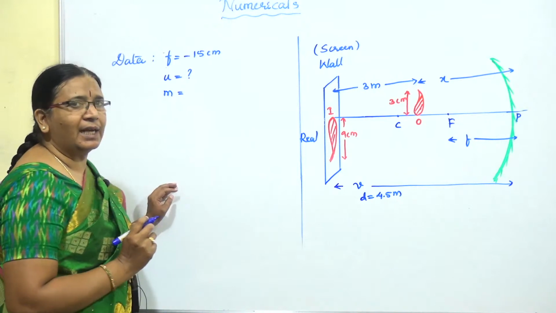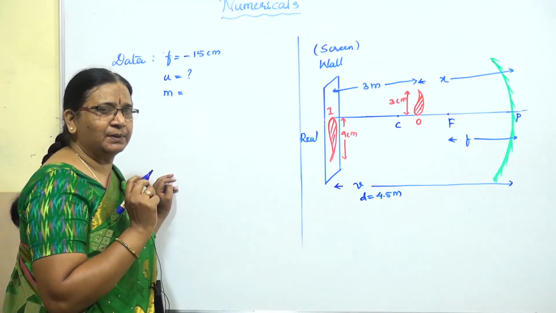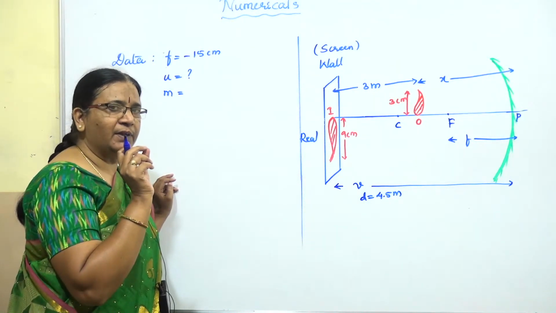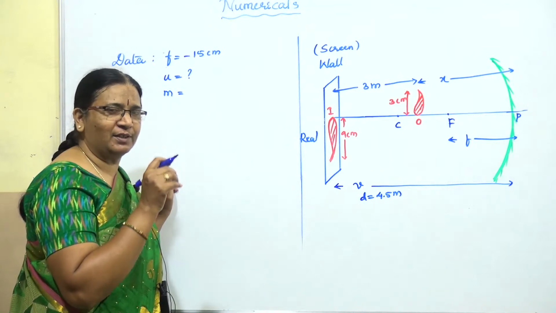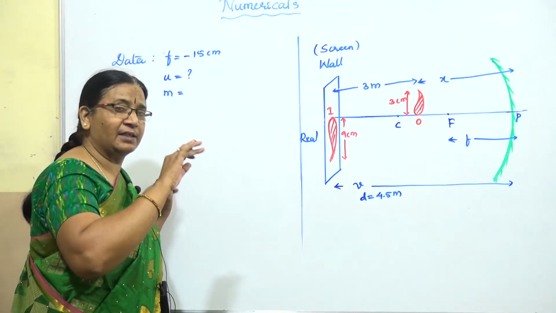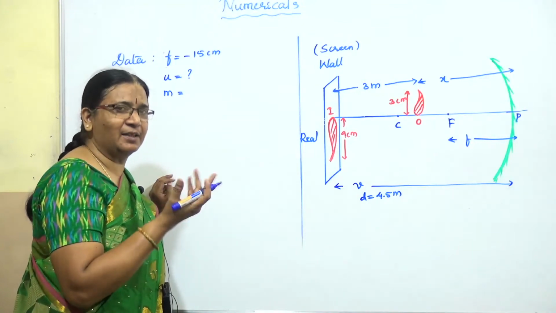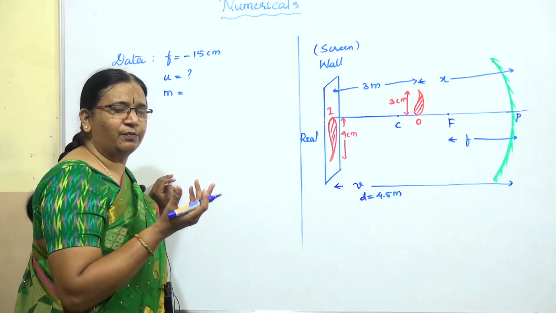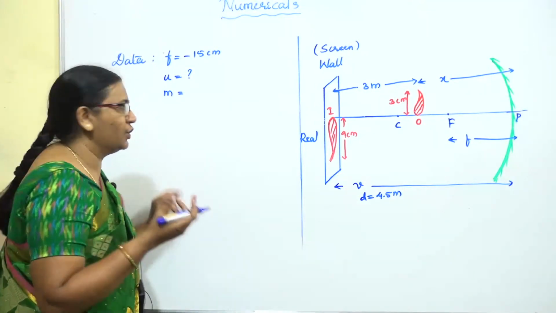And as I had told, a dentist will keep that tooth between the pole of the mirror and the principal focus. He will bring it very close so that he can see the image behind the mirror, meaning inside the mirror. Inside the mirror you are seeing it, not catching it on a screen. Meaning it has become virtual already.